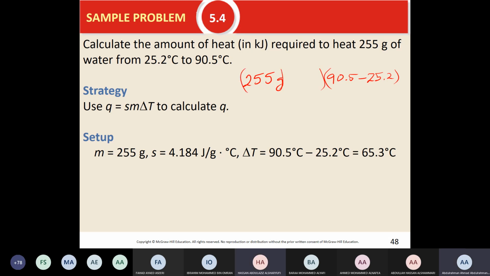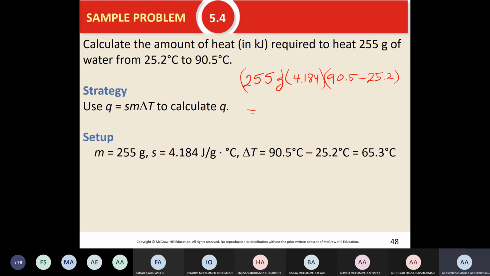And this must be multiplied by 4.184. Should the mass be in kilogram? Good question.